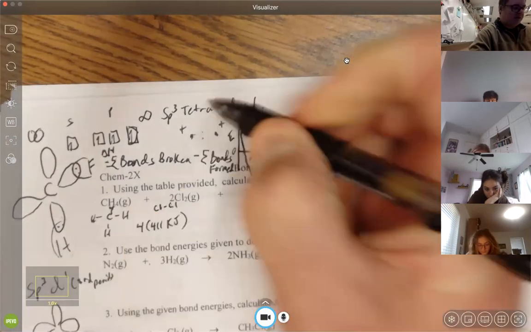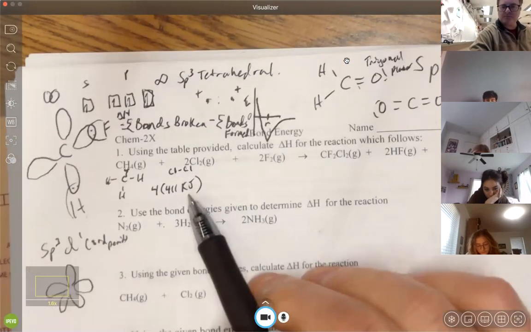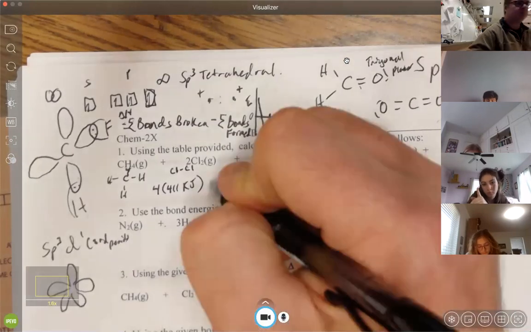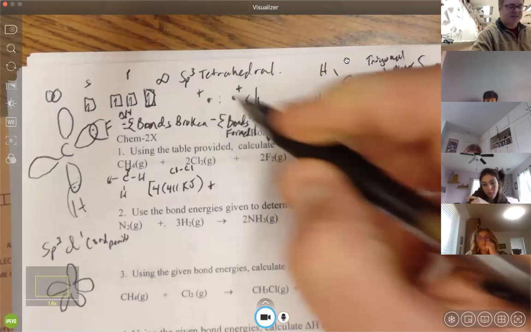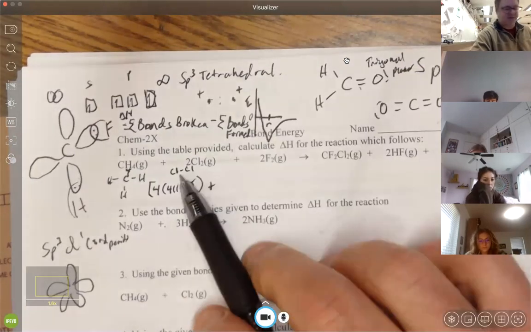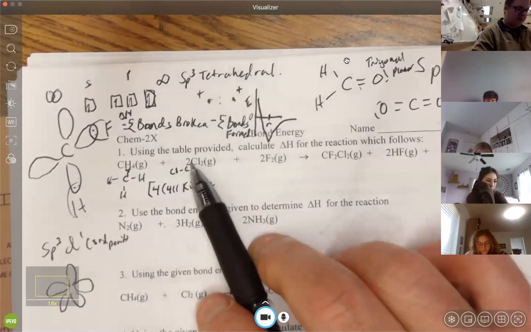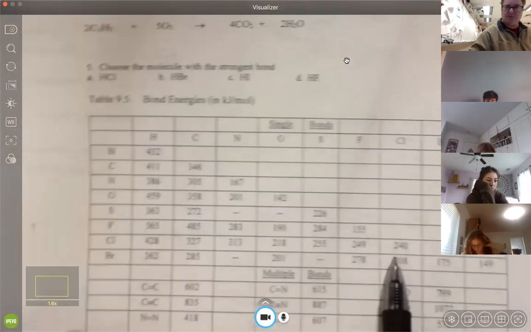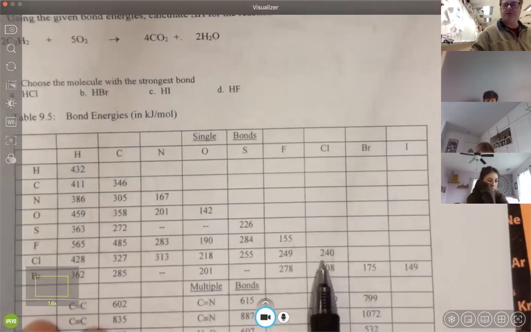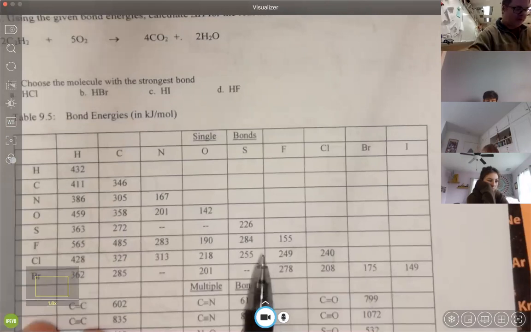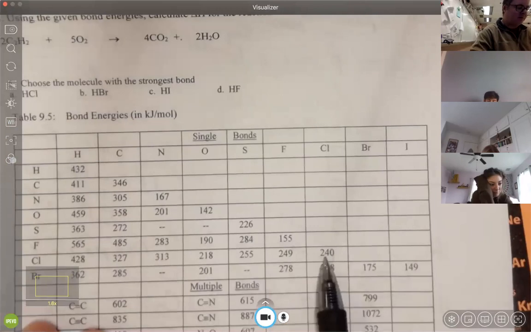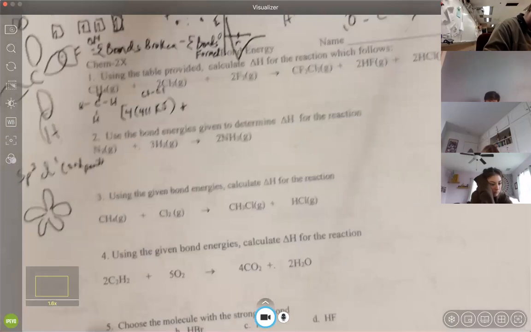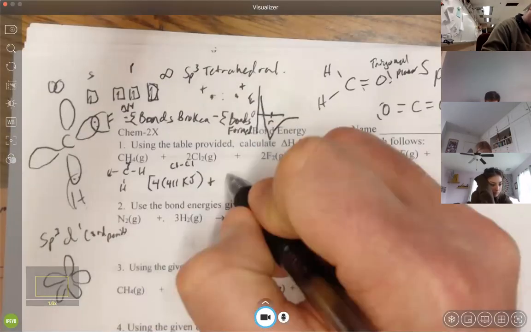How many Cl-Cl bonds are in one Cl2? There's 1 in one Cl2, but we have 2 moles of these here. So we go down here to Cl. It takes 240 kilojoules of energy per mole to break one Cl-Cl bond. So we have 2 moles of that. So 2 times 240.